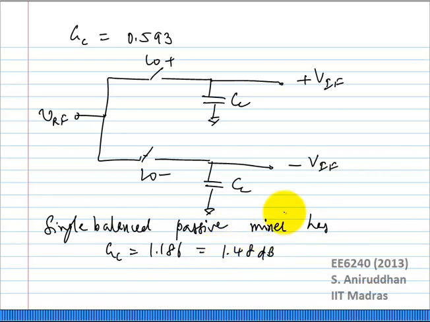Right? So as it turns out, even the passive single balance mixer has a gain which is larger than 0 dB. It actually has a positive gain. Why do you think this is? Does it seem surprising that you have a passive mixer but it has a gain which is larger than 0 dB?